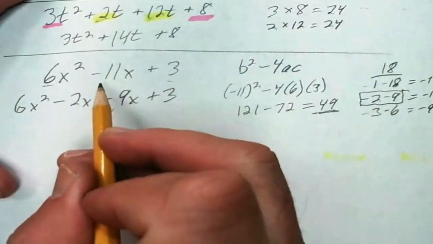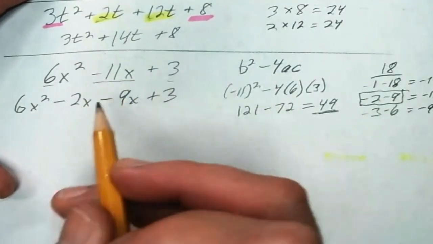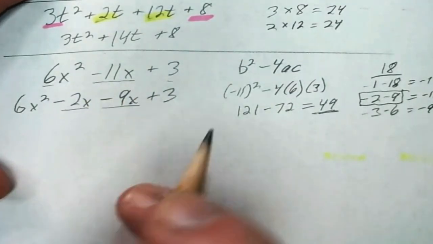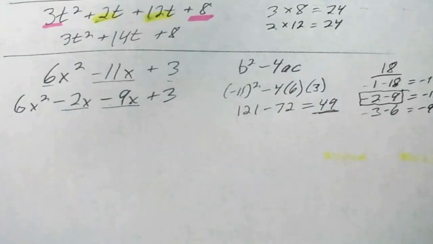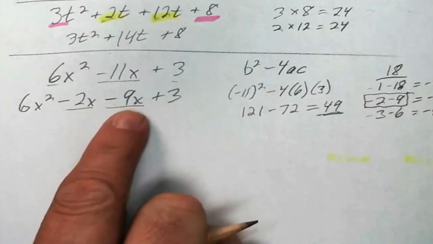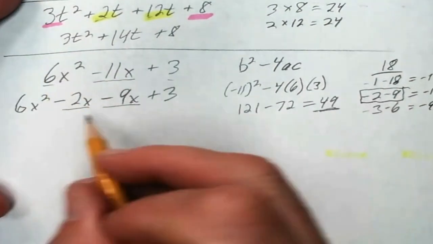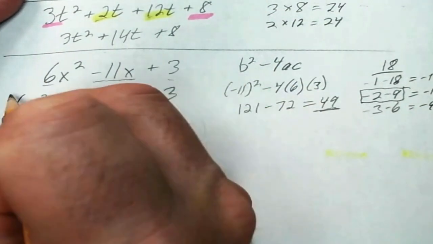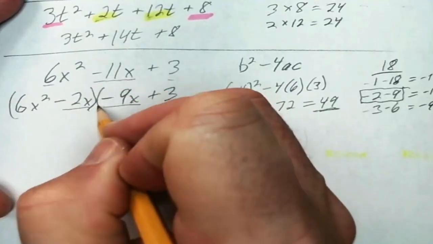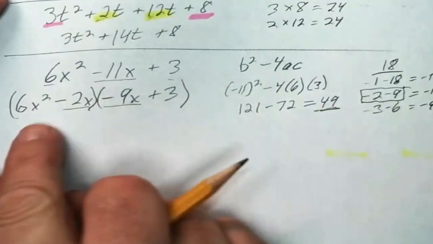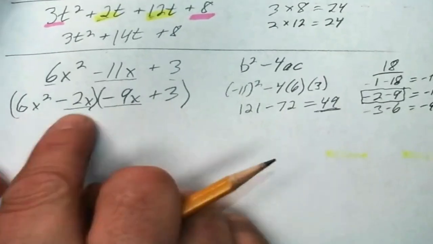I just rewrote it, taking the negative 11 and breaking it into two terms. Negative 2 plus negative 9. Negative 2 minus 9 more, negative 11. I did that, so now I can factor this by grouping, because I've broken it down where I can simplify it more.